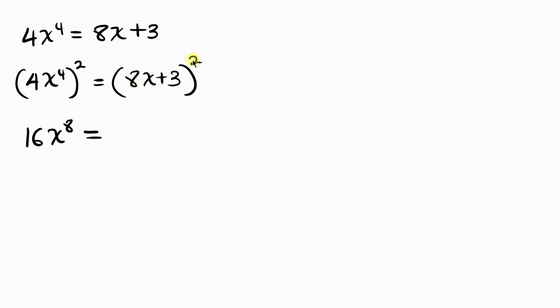So remember, this power affects 8x. So 8x all raised to the power of 2 gives 64x squared, right? Very good. So 2 times 8x times 3, I'm going to be having 48x. And then 3 squared is 9.